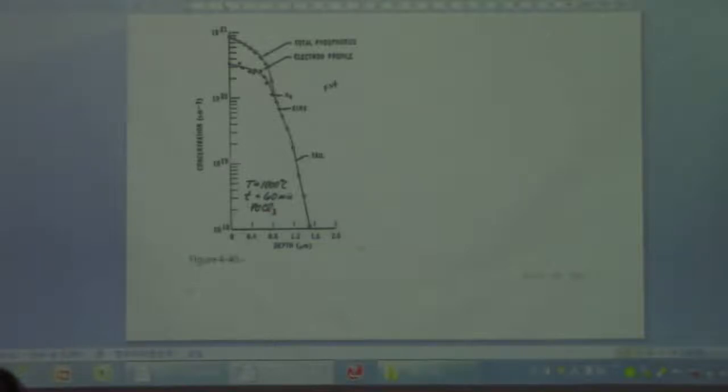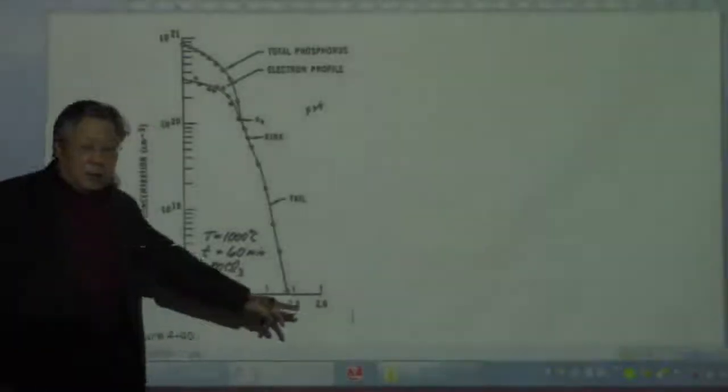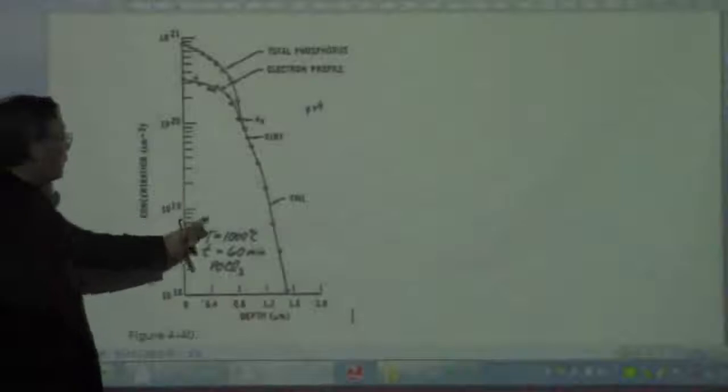Okay, this is the diffusion profile of phosphorus, and the y-axis is the concentration, and this is the depth, the physical distance from the surface.